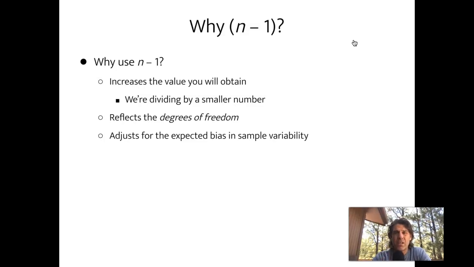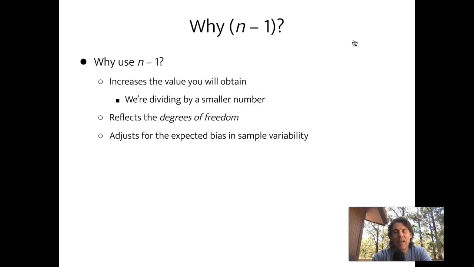The first is, remember we said that samples tend to underestimate the variability in the population that they came from. Well, if we have sum of squares over n, and then we change it instead to sum of squares over n minus 1, we're dividing by a smaller number. The denominator is a smaller number, and as a result, you'll end up with a bigger variance.